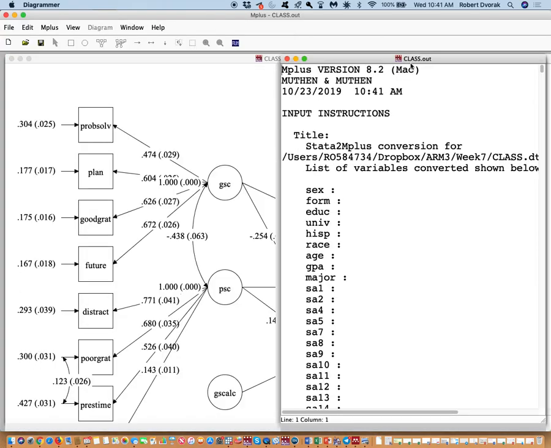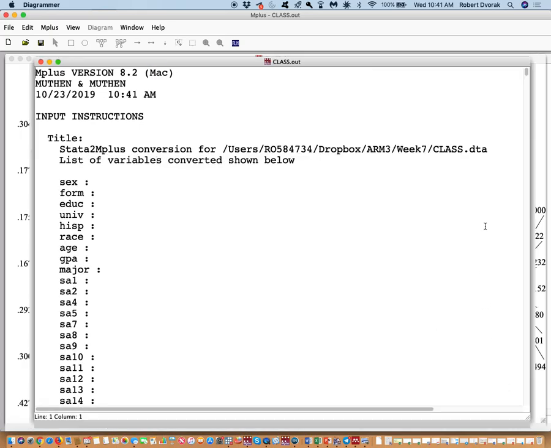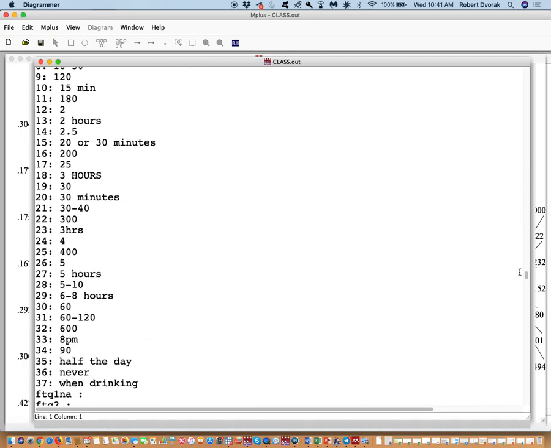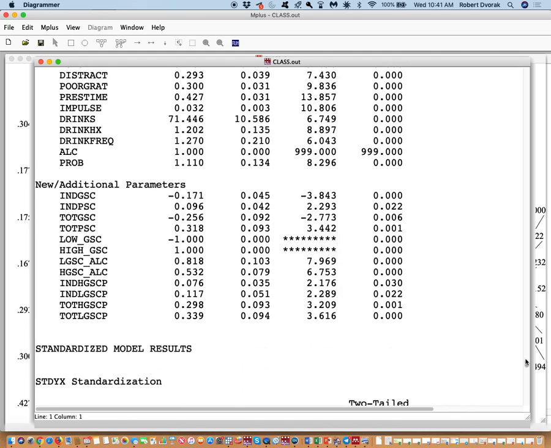We're going to start by comparing the indirect effect between poor self-control and alcohol problems when everything is held constant at its mean. When everything is held constant at its mean, the indirect effect for poor self-control is 0.096. When good self-control is high, we know that indirect effect should be less than 0.096, right?